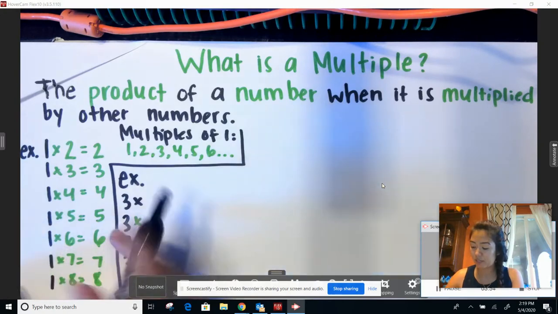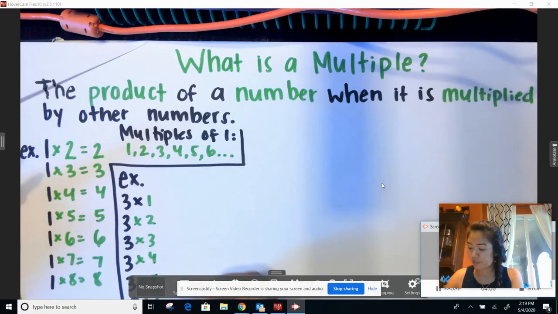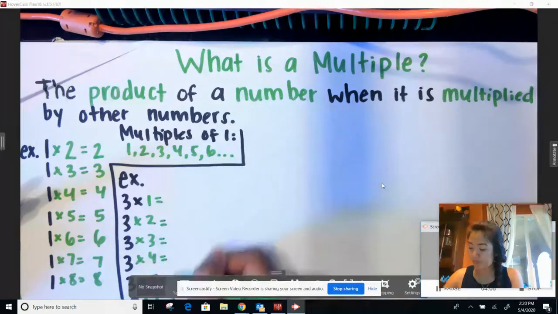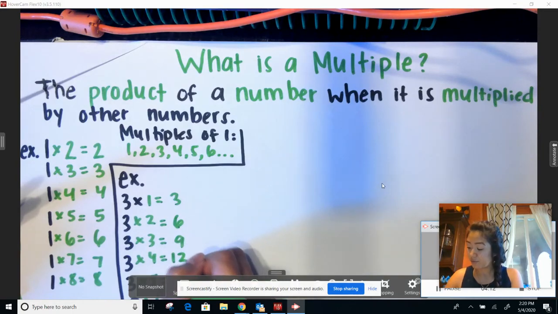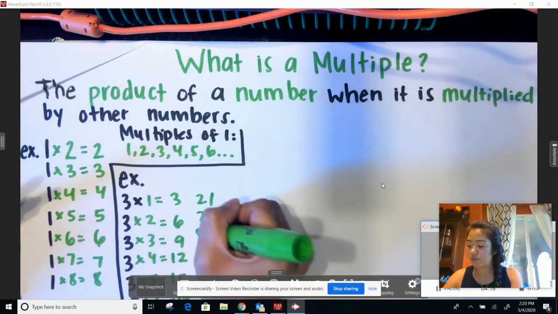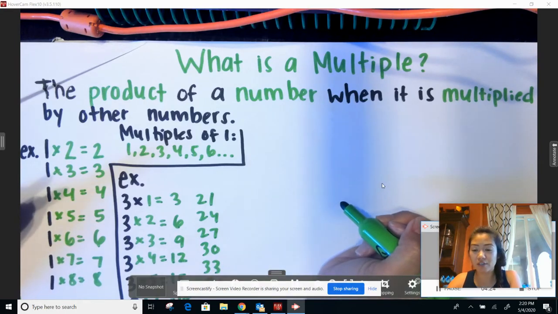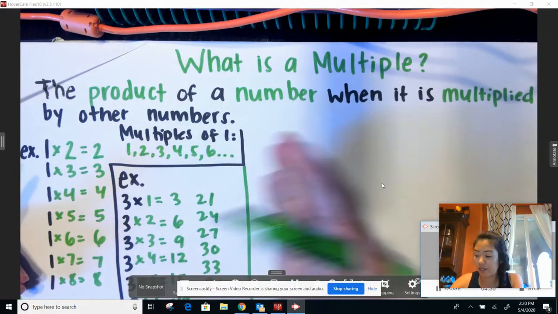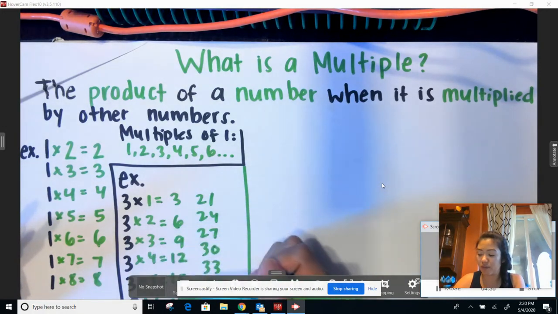So let's go 3 times 1, 2, 3, 4, 5, 6. We have 3, 6, 9, 12, 15, 18, 21, 24, 27, 30, 33, 36. That's the song that we sing with our 3s. Those are multiples of 3. If someone were to ask you, what are the multiples of 3? You would recite those. It's just 3 times 1, 3 times 2, 3, 4, 5, 6, 7, 8.